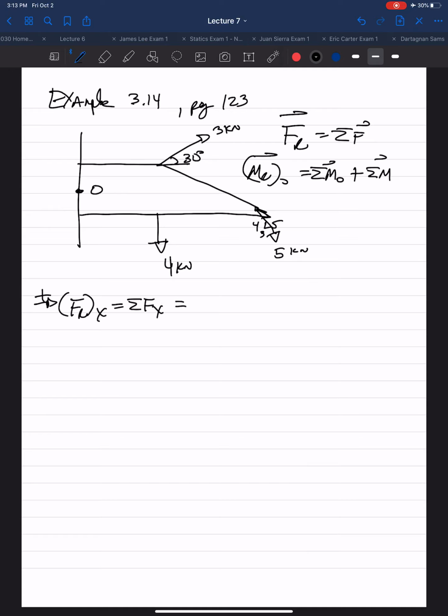So 3 kilonewton in the x direction takes the cosine of 30, positive x direction, plus the 5 kilonewtons times the 3/5 leg ratio. This gives you 5.6 kilonewtons.